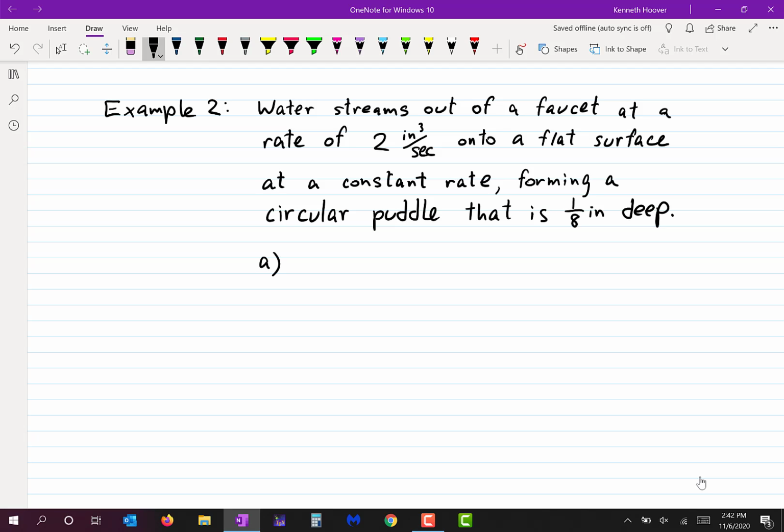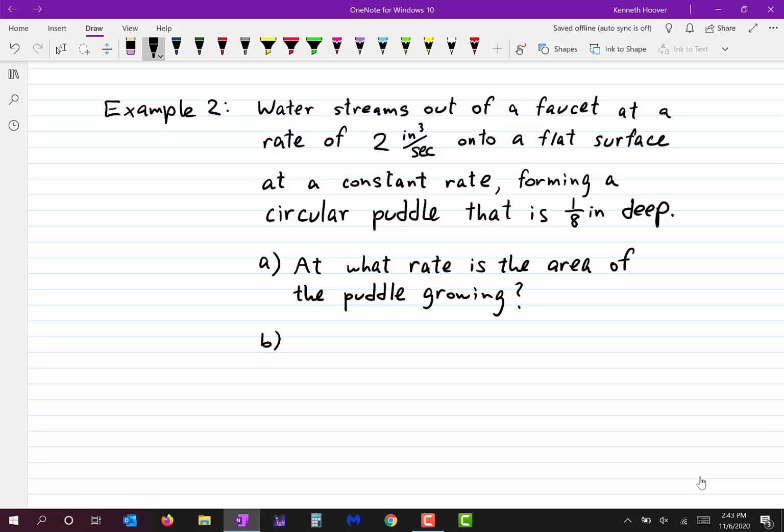At what rate is the area of the puddle growing? And the second question says, at what rate is the area of the circle growing? The circle and the puddle are the same thing, because the puddle is a circle.